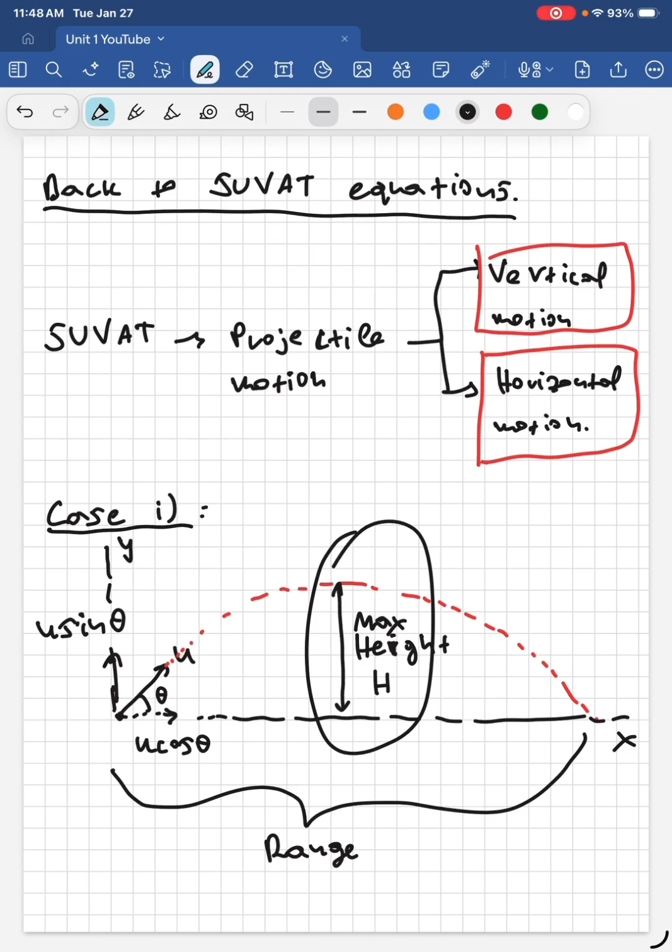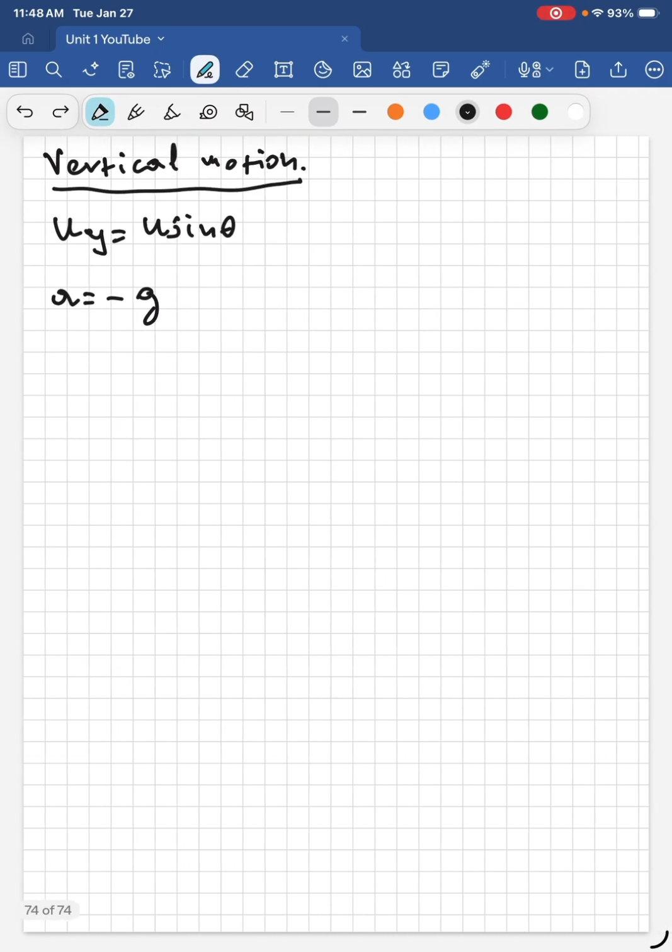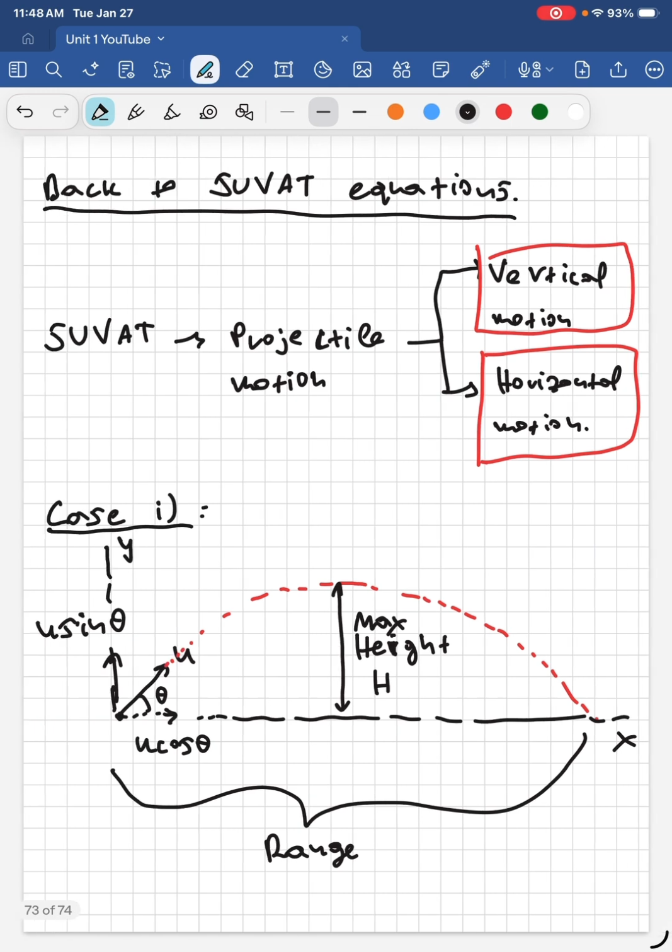So what do we have to do? At maximum height h, v is 0. The final velocity is 0 instantaneously, because in the y direction the projectile is going to have some initial velocity u sine theta, but the moment it reaches the maximum height, the final velocity is going to be 0 in the y direction.